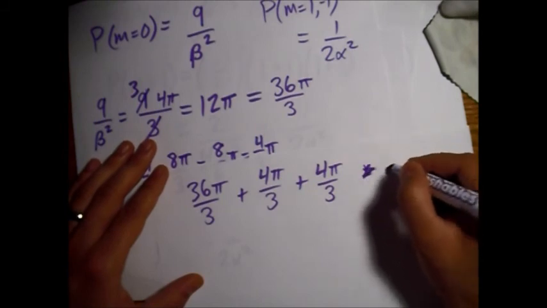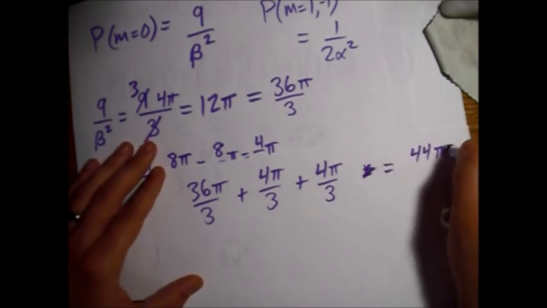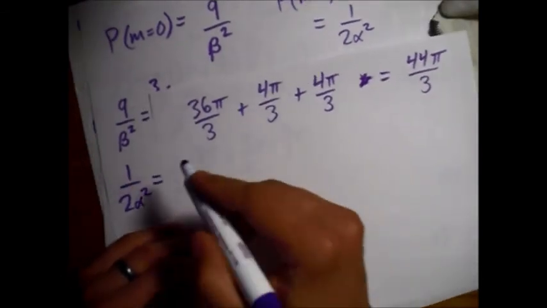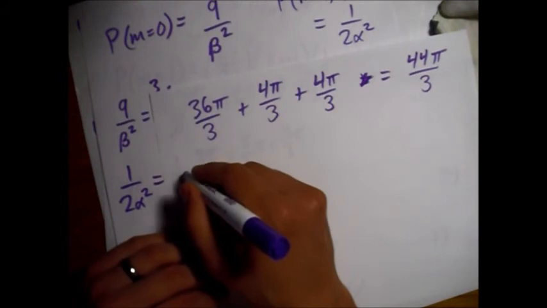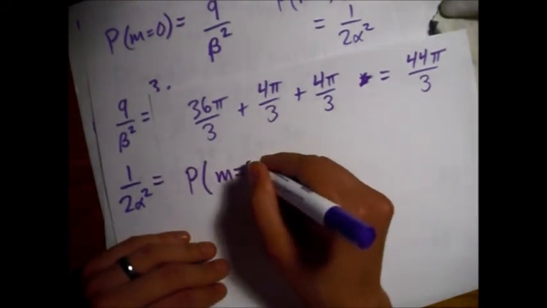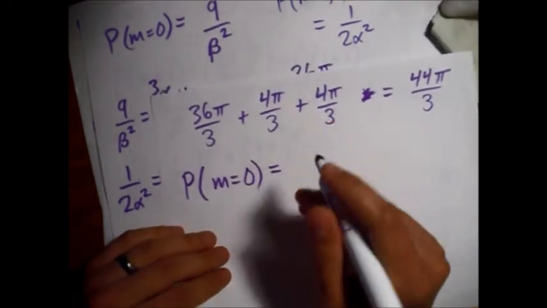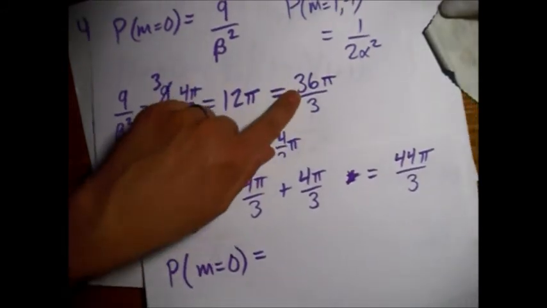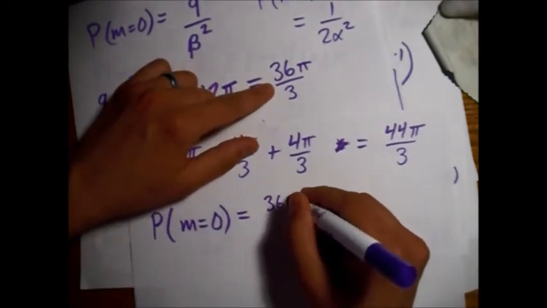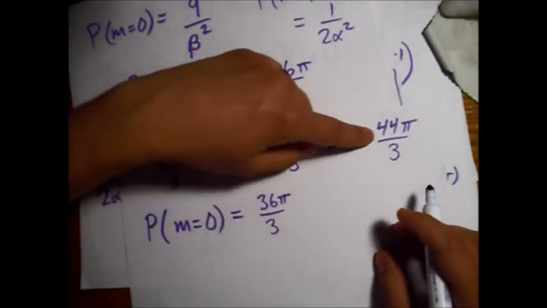Never mind, let's go ahead and simplify. So this is 44 pi over 3. All right, so here we go, we have our final answer. The probability of m equals 0 is equal to 36 pi over 3, and we're going to divide by this sum.